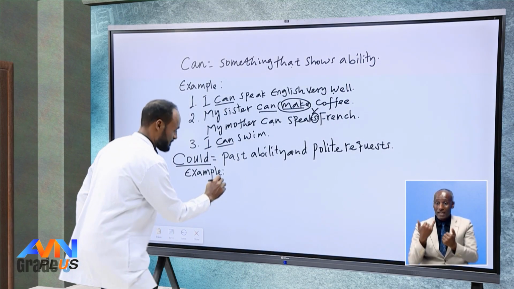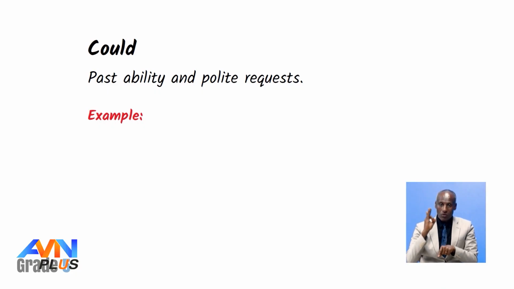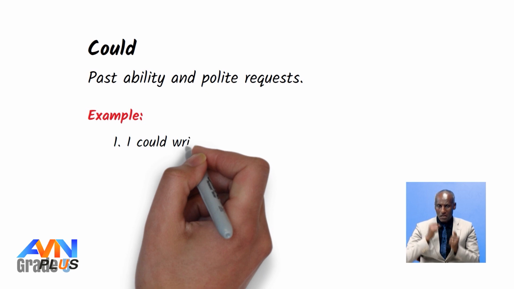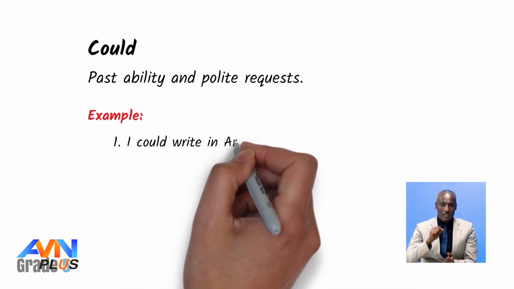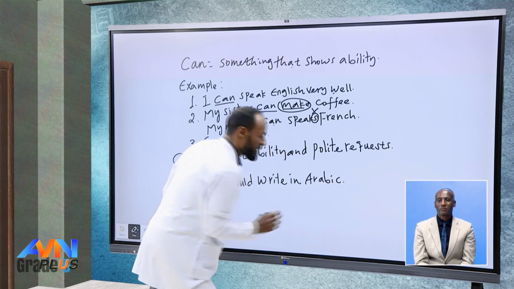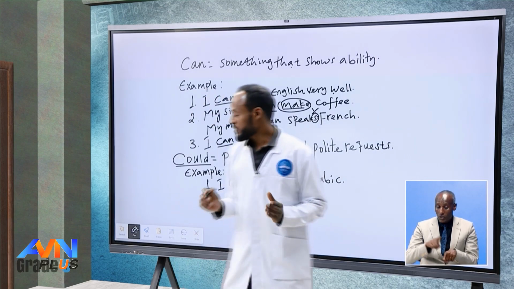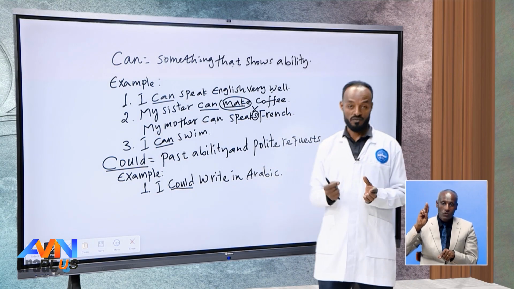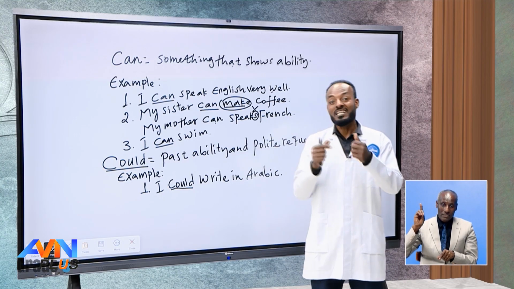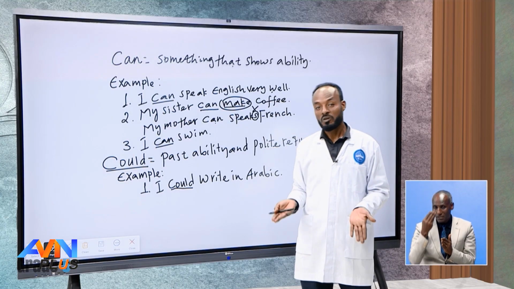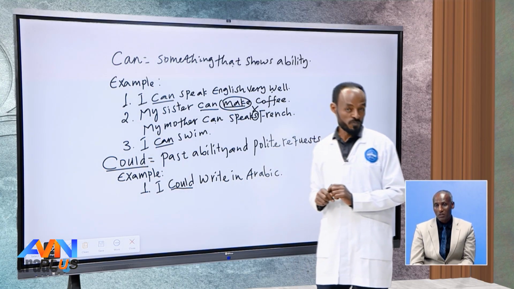For example, I could write in Arabic. When I say I could write in Arabic, the word could is a modal verb. It shows that you could write in Arabic, but maybe not at the time of speaking.